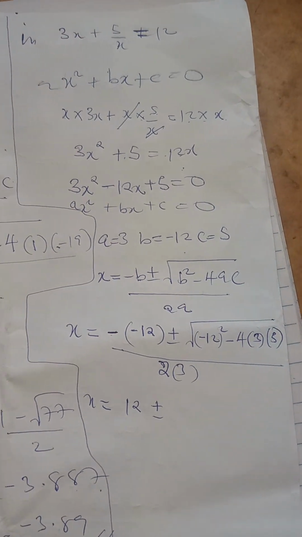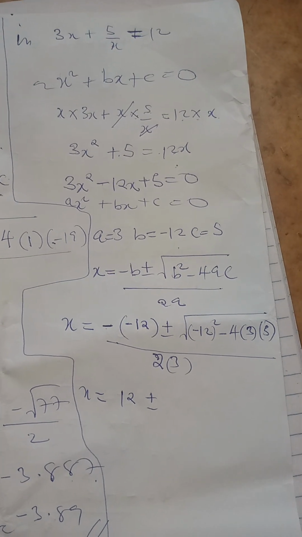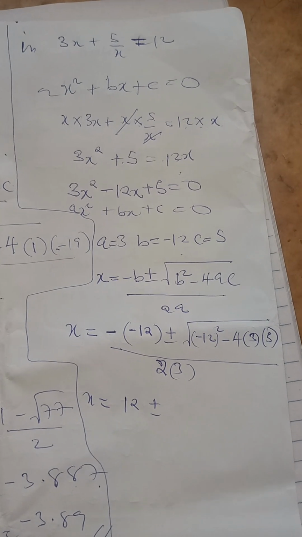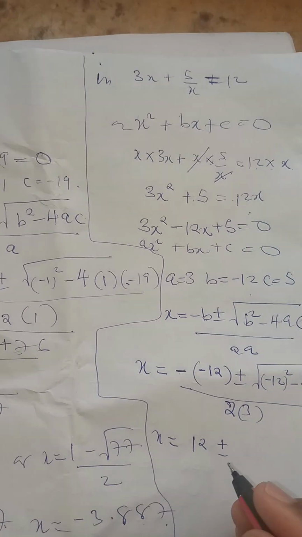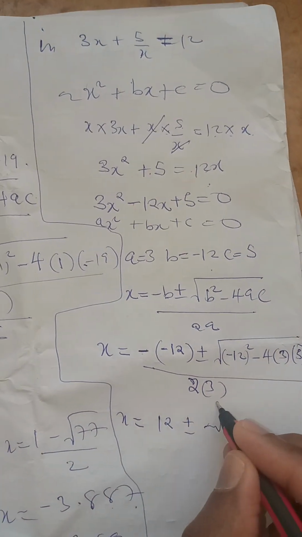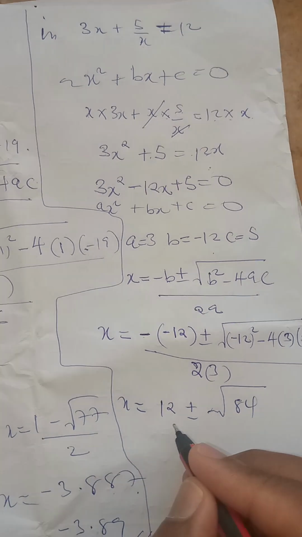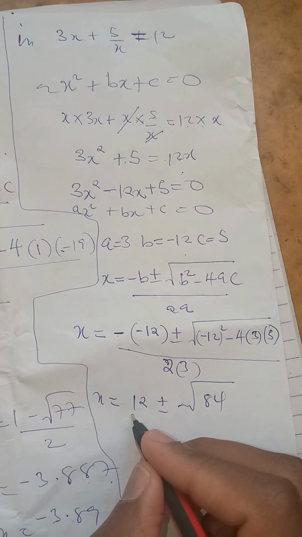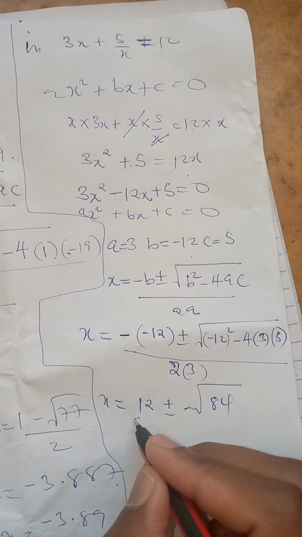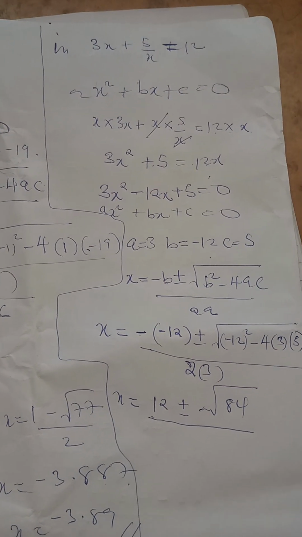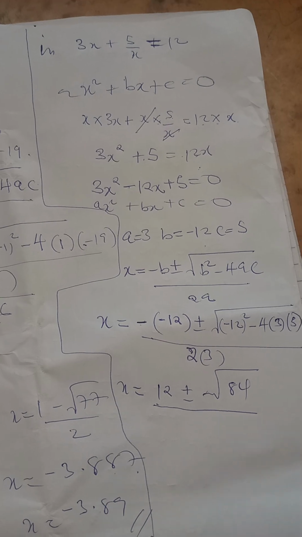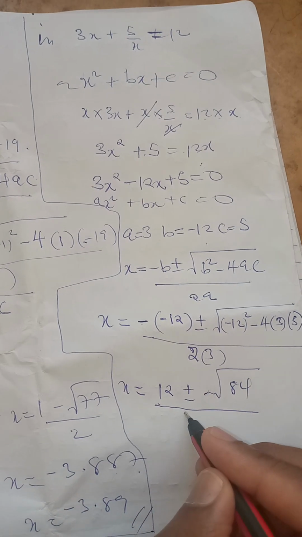So we say negative 12 squared is 144, minus 4 times 15 is 60, giving 84. So the root of 84, over 2 times 3, that is 6.